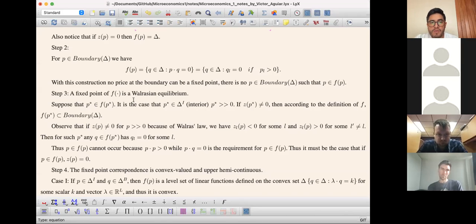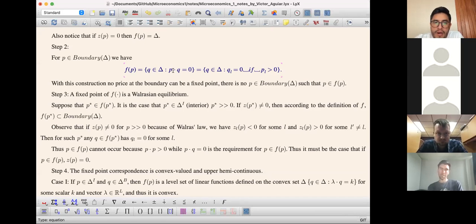For the boundary, Q belongs to the image of F of P whenever the inner product of prices times Q equals 0. In other words, Q_L is going to be equal to 0 whenever P_L is strictly positive. With this construction, no price at the boundary can be a fixed point.